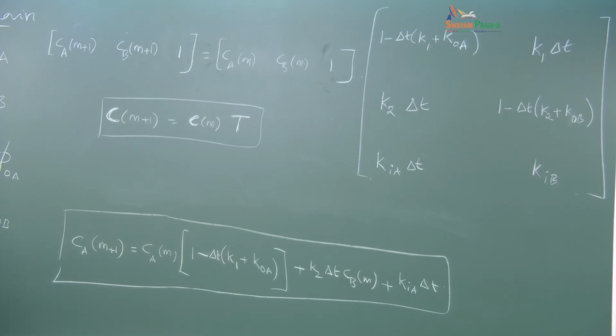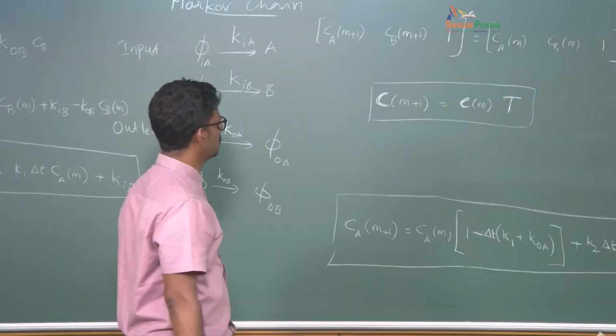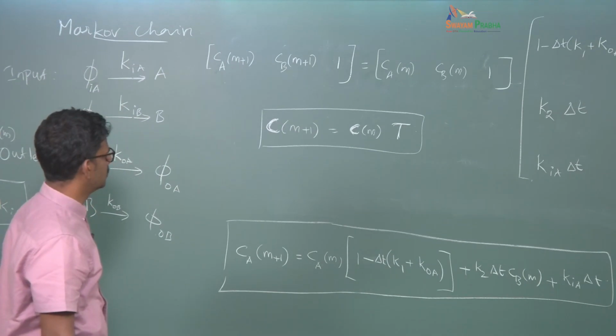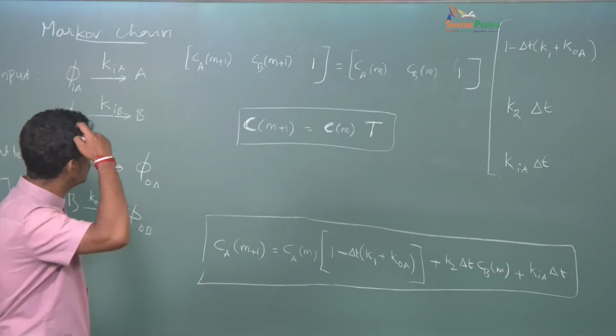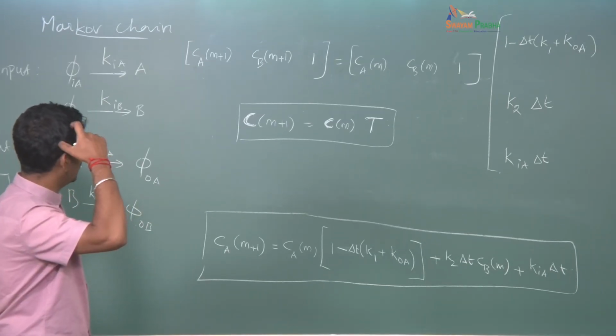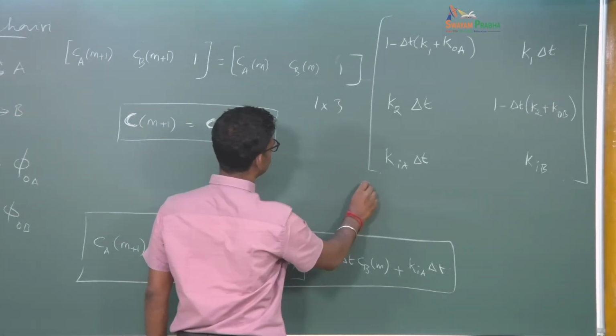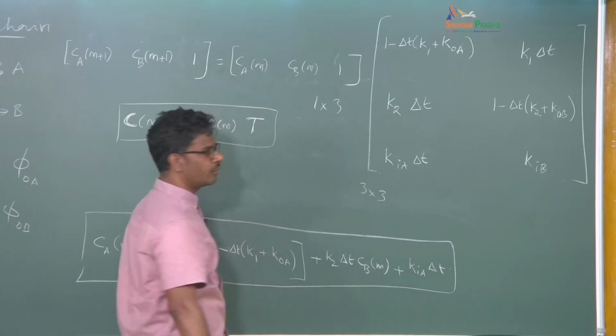Which dimension? Okay, so you get 1 by 3 here, and 3 by 3, so you'll get 1 by 3.